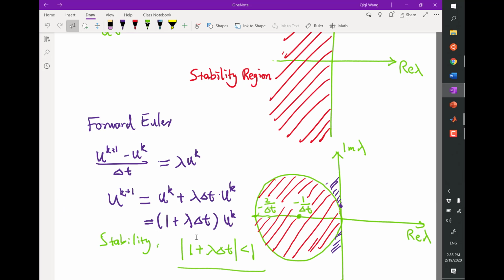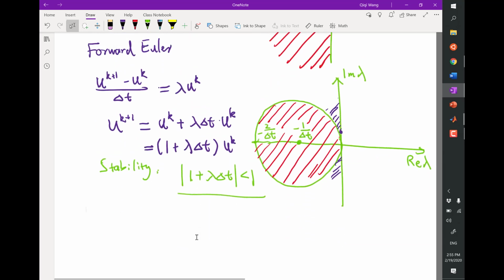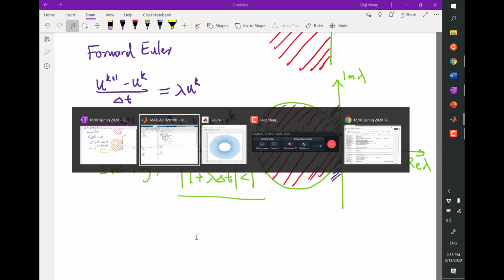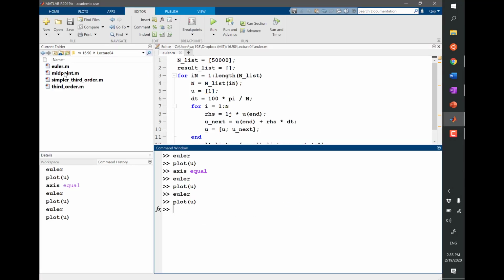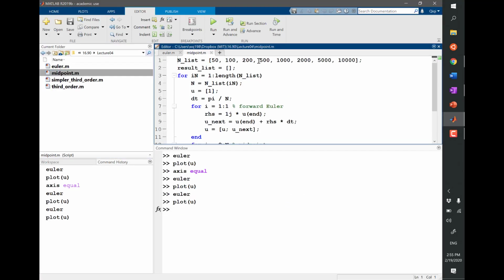Okay, so how about the midpoint rule? Last time we solved an equation for which the midpoint rule was terrible, right? But actually for this particular equation, midpoint is fantastic. So let's do the same exercise.